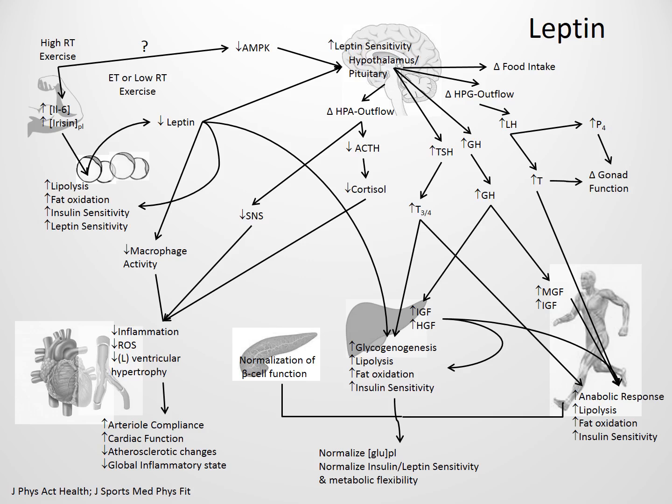Now there's a different signal that comes about with leptin when we use endurance as opposed to resistance exercise, and it has to do with that change in AMPK. That change of AMPK will change the food intake and everything else except a change in the gonad functions.